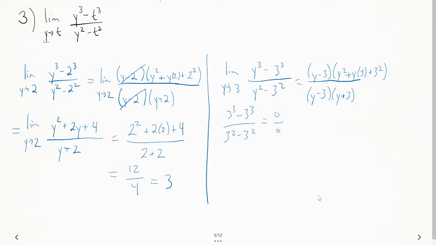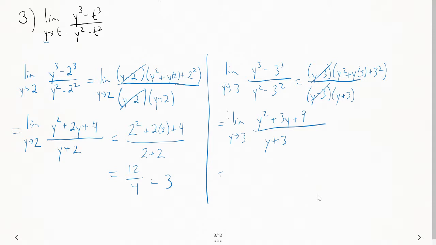Okay, so now in our other scenario, let's look at the limit as y approaches 3. We already saw it. We used a difference of cubes and all that. So this equals the limit as y approaches 3 of y squared plus 3y plus 9, over y plus 3. The y minus 3 is canceled.